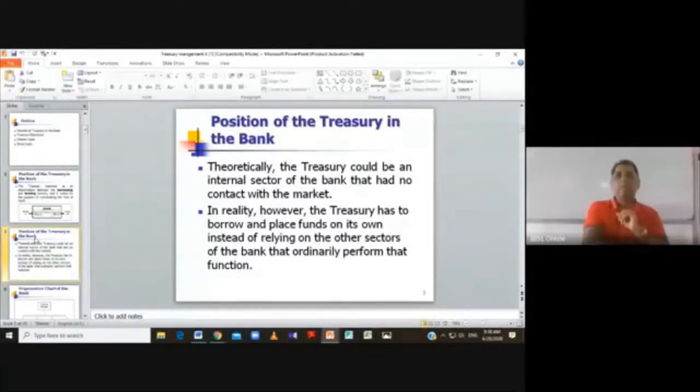If it's sitting in between, how can it do that? If it's not the deposit collecting arm, or the lending arm of the bank, which faces the market, how can a treasurer intervene like that? Any guesses?